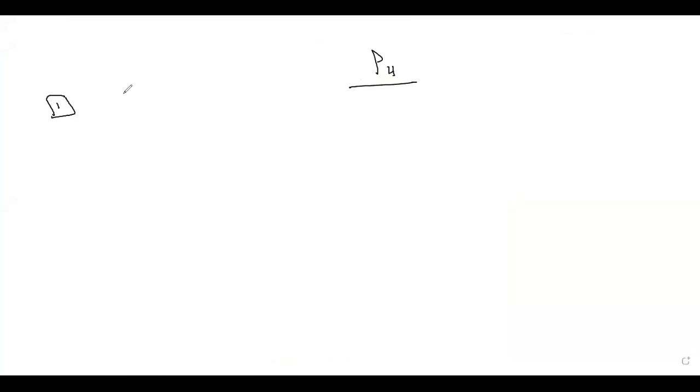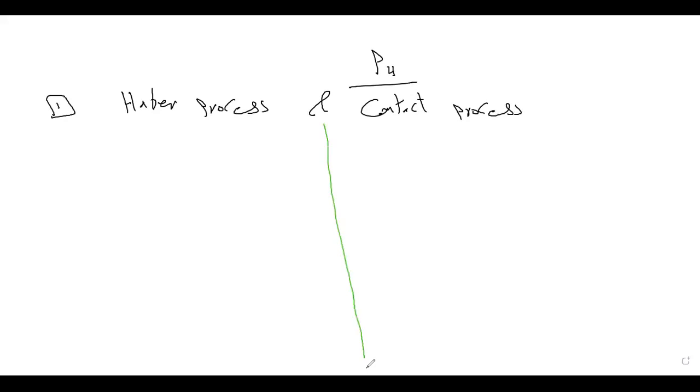First, the difference between Haber process and Contact process. What knowledge do you need to know? First, as a comparison between the two: the equations and the conditions. For Haber, the equation is N2 plus 3H2 gives 2NH3. Contact: 2SO2 plus O2 gives 2SO3.